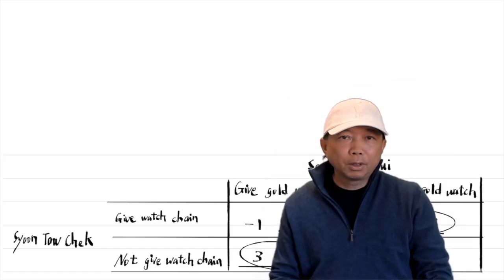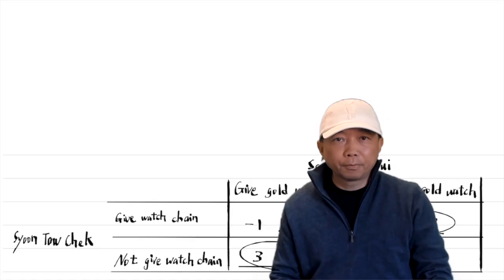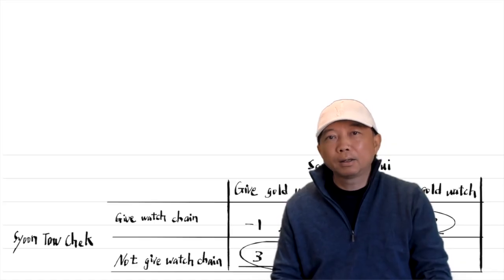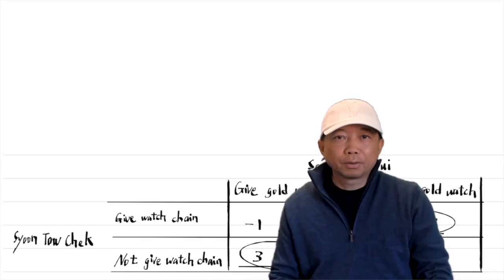Of course, you might say that love is often irrational and cannot be analyzed using economics. However, their actions can be explained by game theory if we slightly change the payoffs in the matrix.